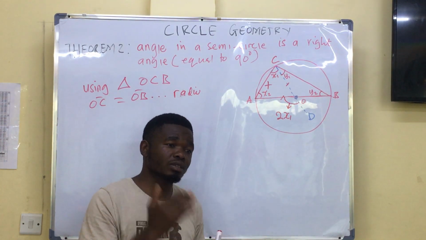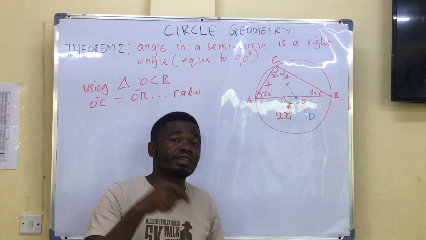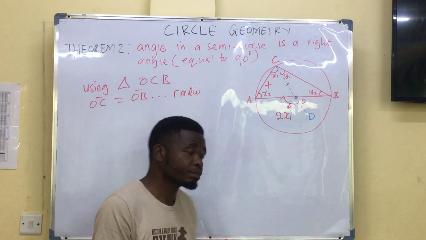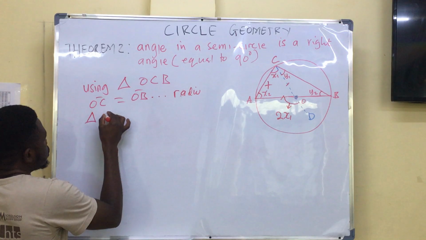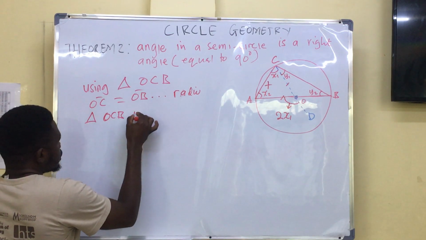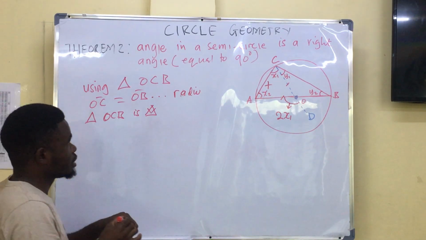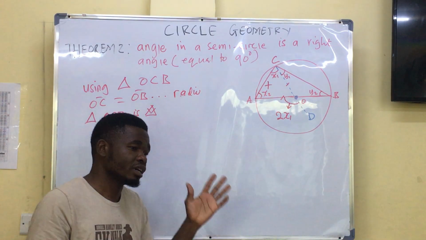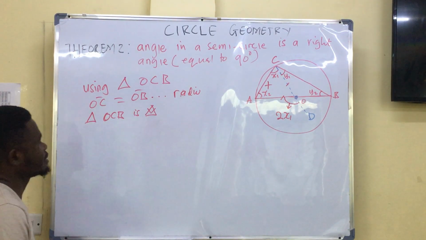Meaning that triangle OCB is an isosceles triangle. Remember that symbol means an isosceles triangle, right? I hope we're together.